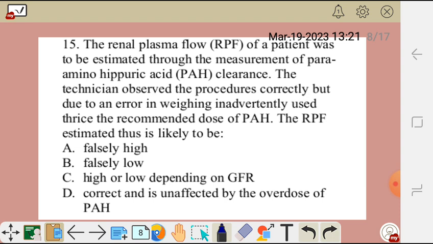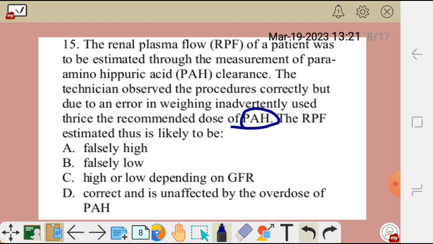What will happen is that this overdose is going to saturate the channels for PAH in the membrane. Meaning the channels for para-aminohippuric acid are going to be saturated. As a result, the estimate will be forcefully low.